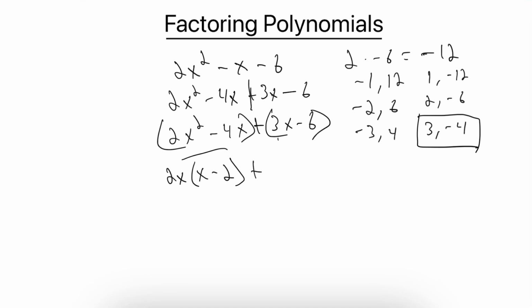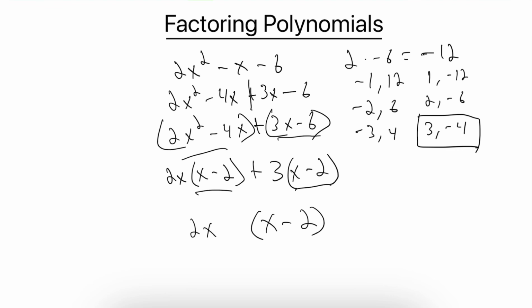And to make this side equal x minus 2, we're going to pull out 3. Let me know in the comments if that doesn't make sense, because I'm hoping it does. So these two now equal each other. So we've got x minus 2, and then everything left on the outside is 2x plus 3.